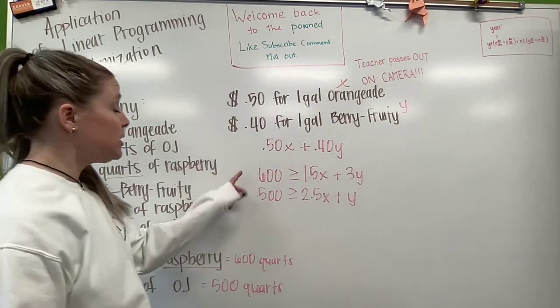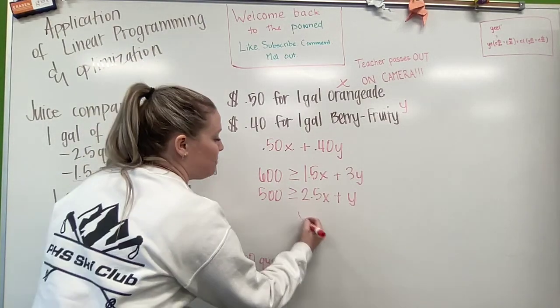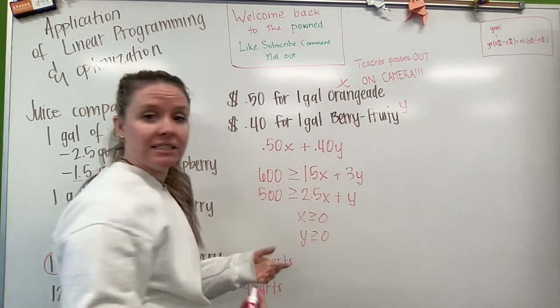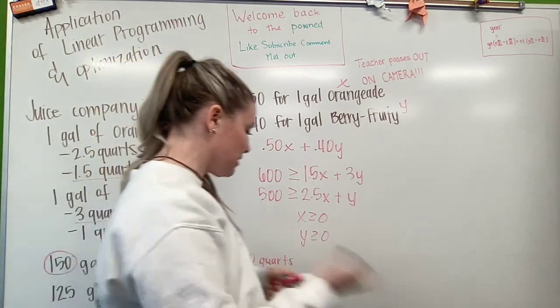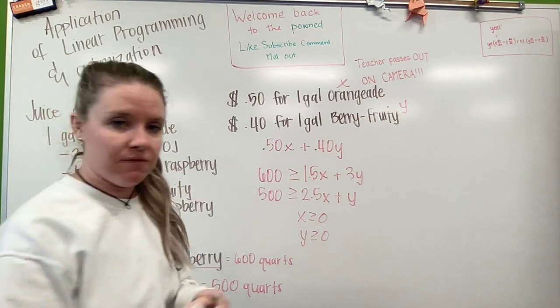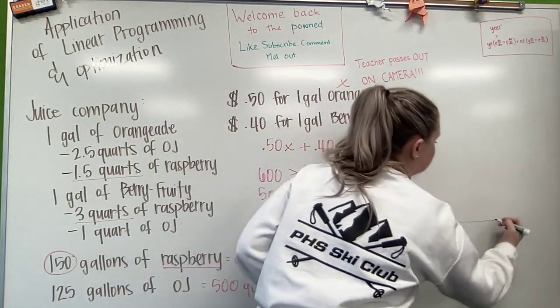These are my constraints here. We can also assume that we're going to sell more than 0 of each, so we're only going to deal with those positive values. So we're going to be here in the first quadrant.